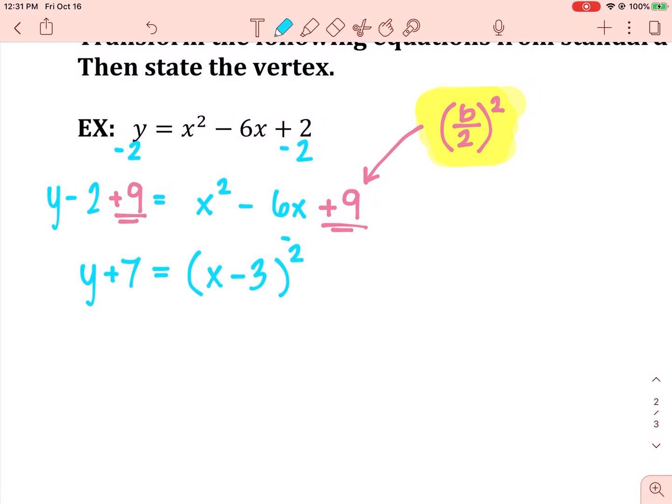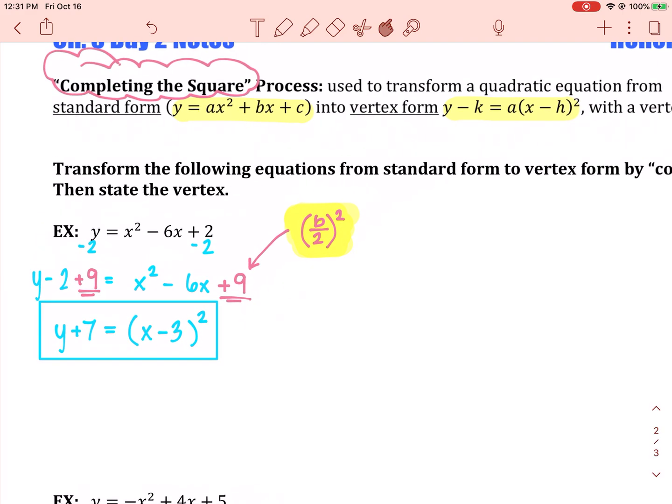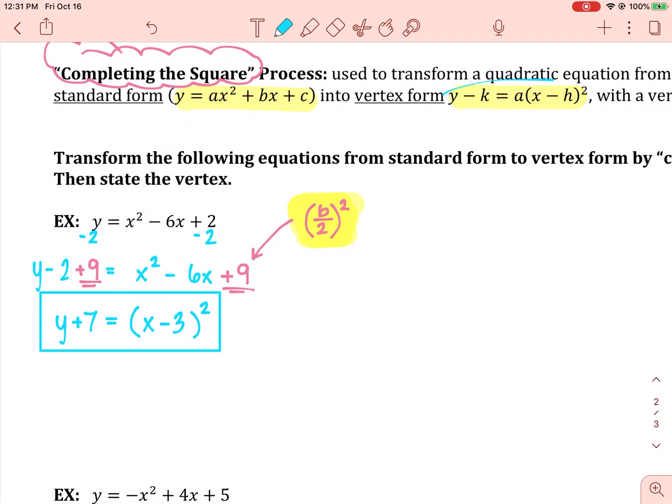And then just like that, there you go. That's your vertex form. Right? Looking above, it looks just like right here. Y minus k equals a times (x minus h) squared.